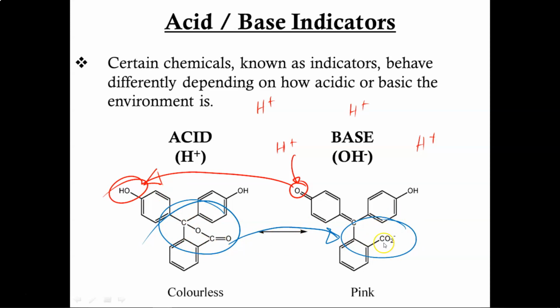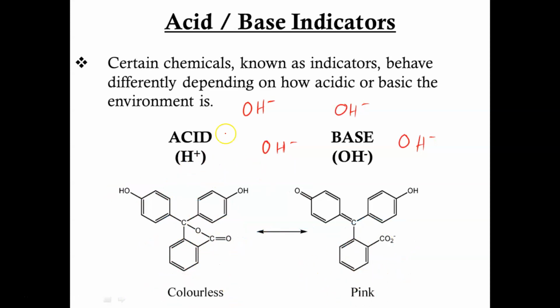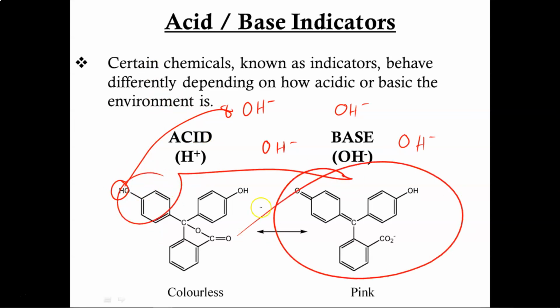These changes cause light to refract differently, making this molecule colorless, while this molecule is pink. Meanwhile, the opposite is true. If you're in a basic solution with lots of hydroxyl groups floating around, these hydroxyl groups will attract this hydrogen over here and rip it out, and again, that conformational change results in this structure. And that is how our indicators tell us whether the solution is acidic or basic.